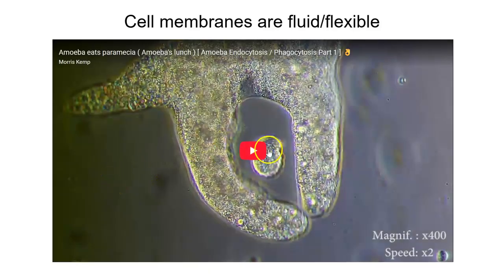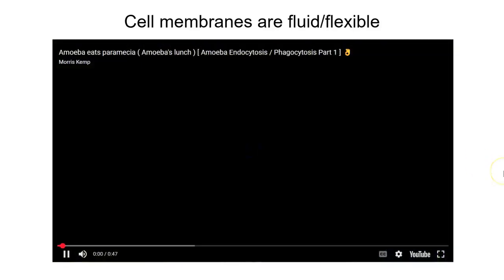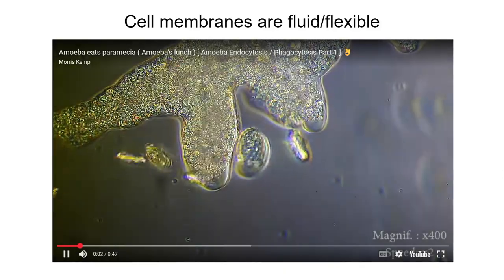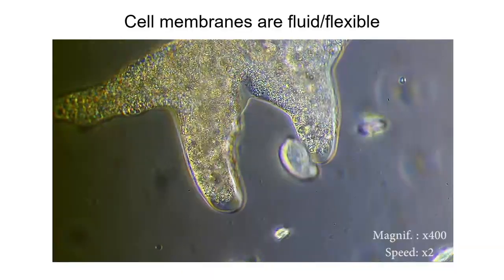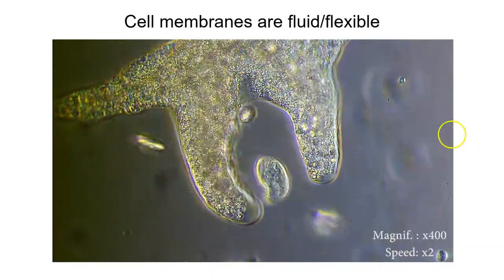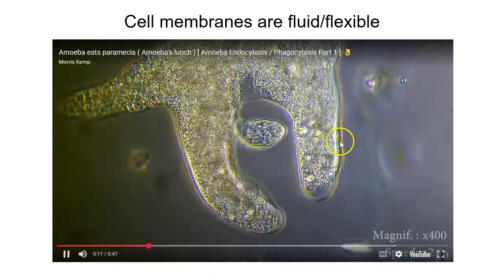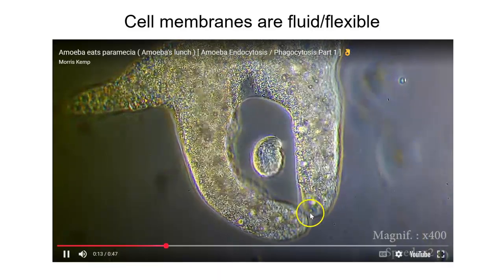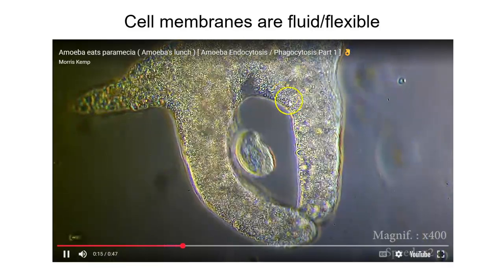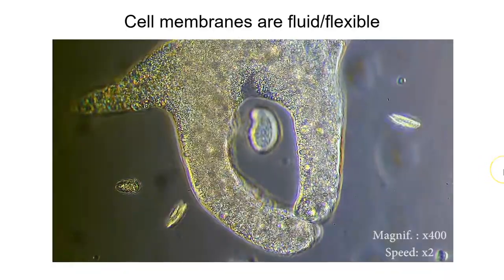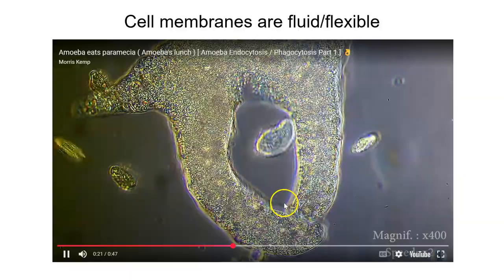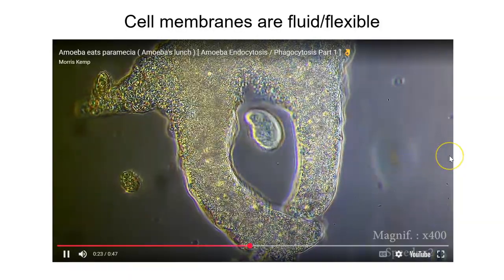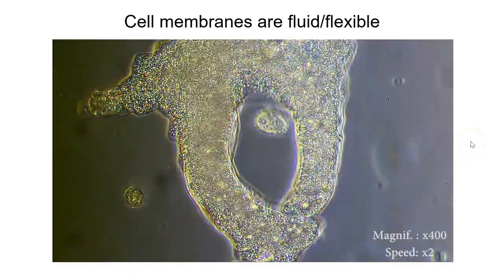All right, here is kind of a fun video of an amoeba using its membrane flexibility to eat a paramecium. Okay, so the membrane is rearranging itself so that it can kind of surround the paramecium, its lunch, and it's making the cytoplasm stream into this area to help the phospholipids move around it.